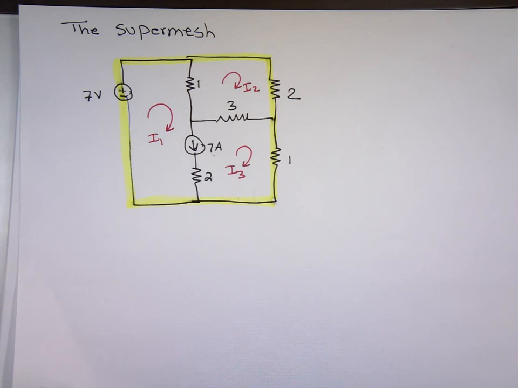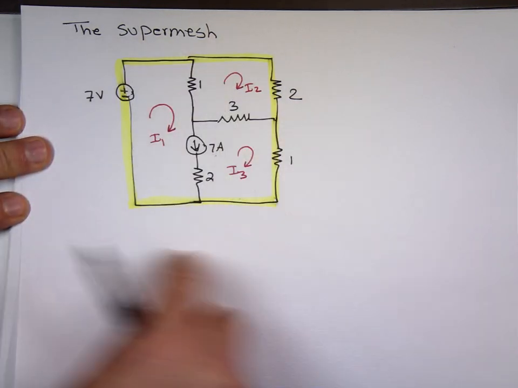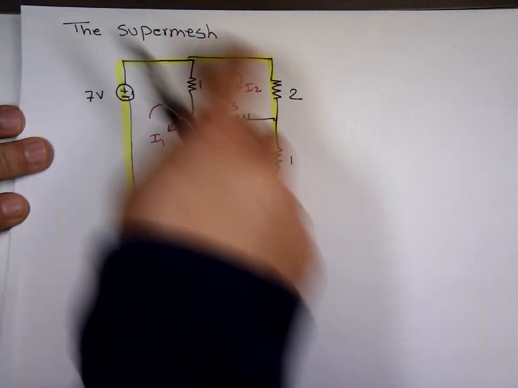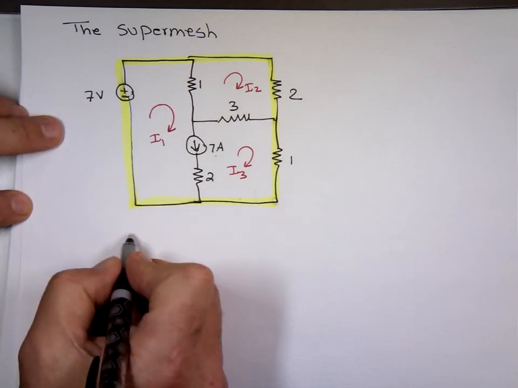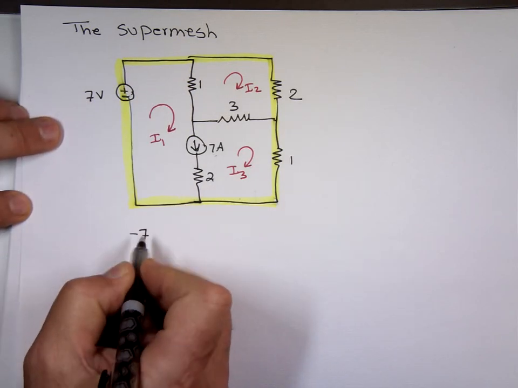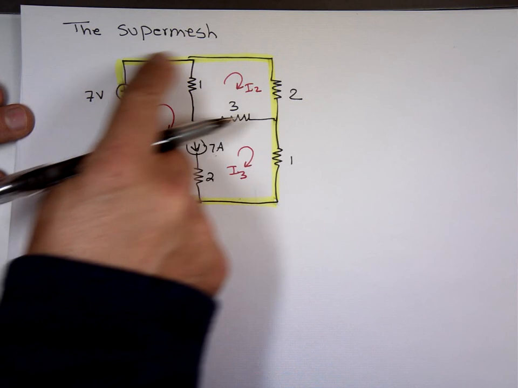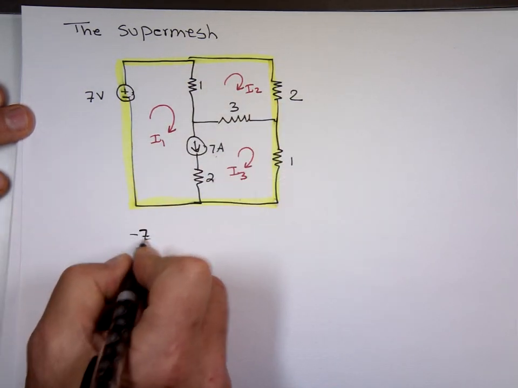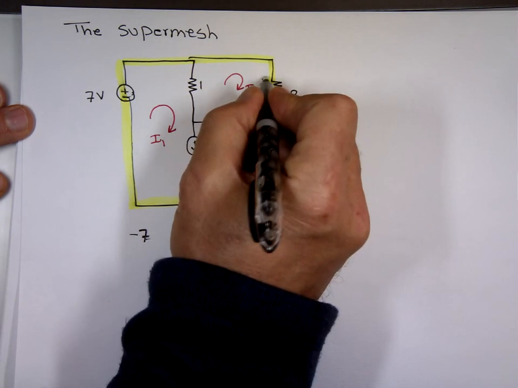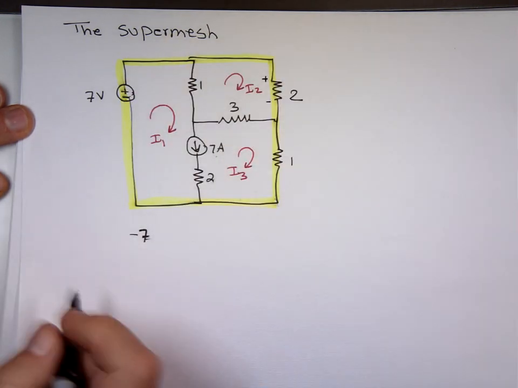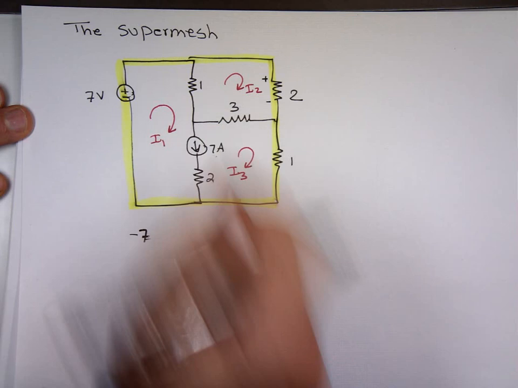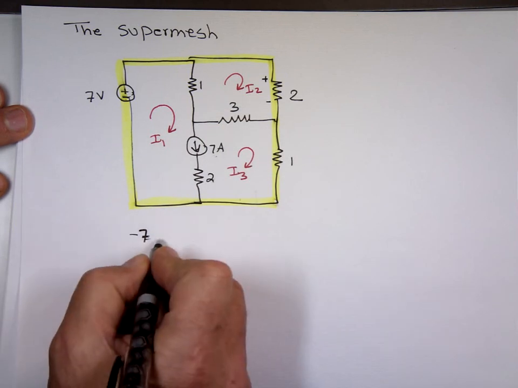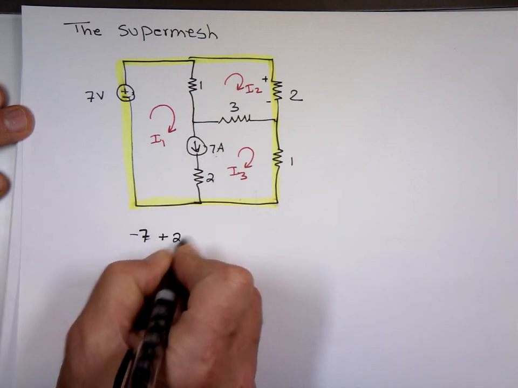If I travel in that direction, I'm going clockwise. That's -7. Down here, what's the voltage drop here? I'm going to mark this plus to minus because I'm traveling this way, right? It's going to make it plus 2 times I sub 2.